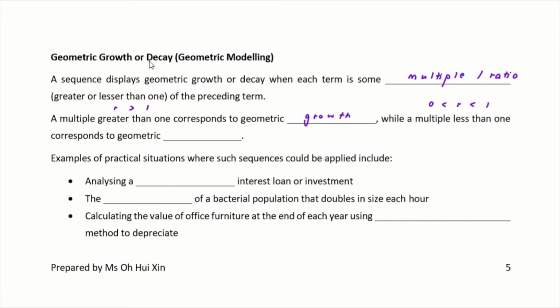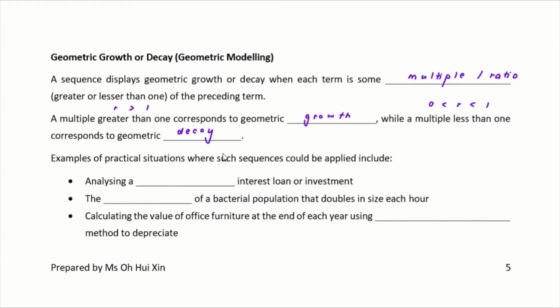You cannot see a trend over there. So that's why in geometric modeling, in most of the situations that we will encounter, the r is always positive. It's just that it's greater than 1 or less than 1. Okay, so a multiple that's less than 1 will correspond to geometric decay.